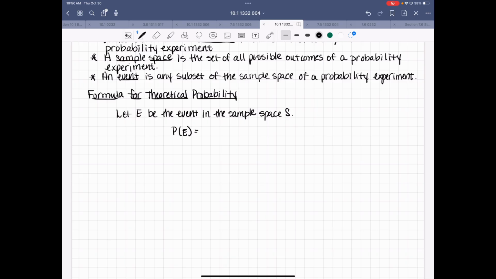And that capital E will be replaced by what we want, okay? So like the probability of rolling a 2 or the probability of rolling an even number. That'll go inside the parentheses, okay? It equals the number of outcomes of E divided by the number of outcomes of S. So that's just the total number of outcomes in the sample space, guys.